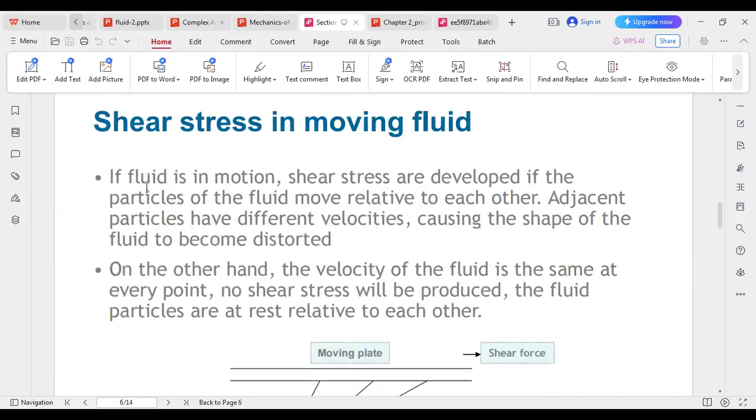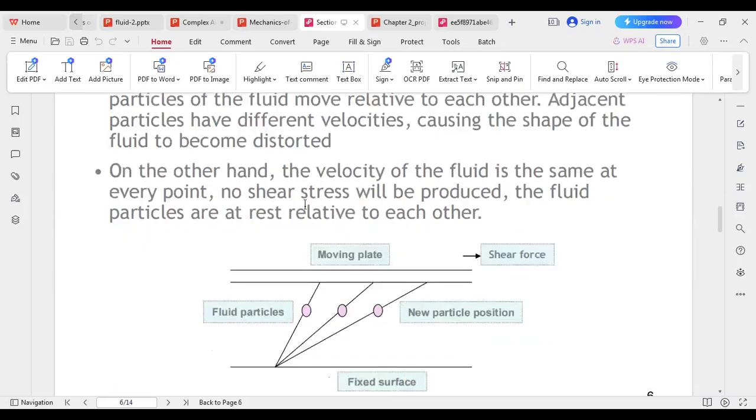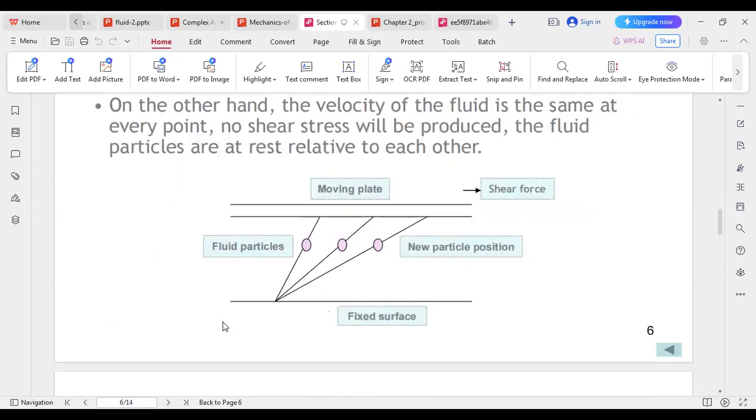If a fluid is in motion, shearing stresses are developed if the particles of the fluid move relative to each other. On the other hand, if the velocity of the fluid is the same at every point, there will be no flow of the fluid. So fluid particles will move due to shearing stress.